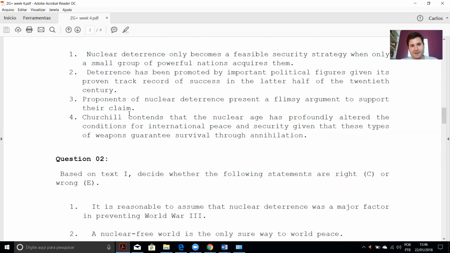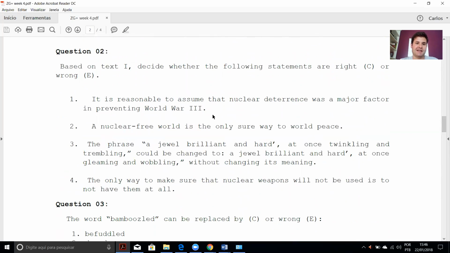Well, it's the inverted idea of number 3 here. In this case, he says that there is no empirical evidence that nuclear deterrence was a major factor in preventing World War III. It might be the elephant case of the woman spraying it. It might be something else that prevented World War III, not necessarily deterrence.